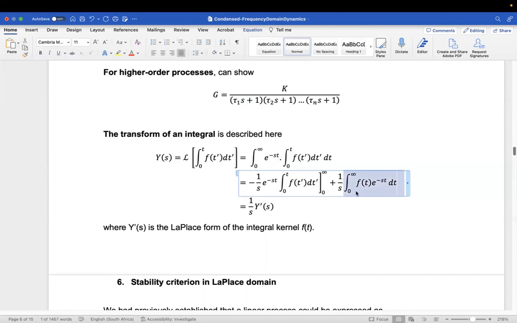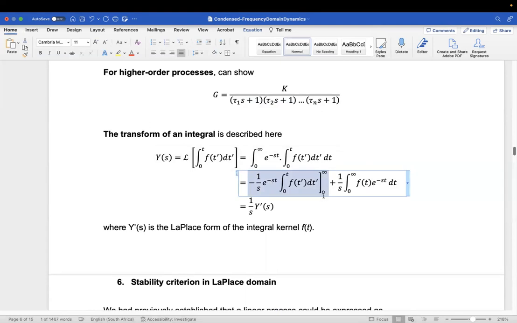And now, again, we can see this is nothing but the Laplace transformation of the original y itself. So this term is looking like 1 over s times y, where y is the Laplace version of lowercase y. And if we look here, we can see at infinity, we've got e to the minus infinity, which is 0. So this whole thing is 0 at infinity.